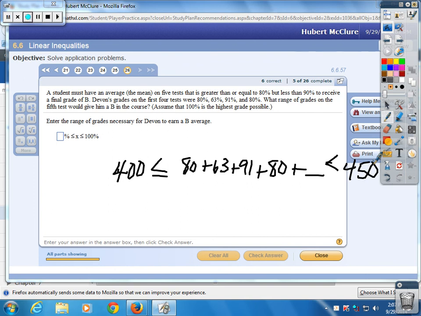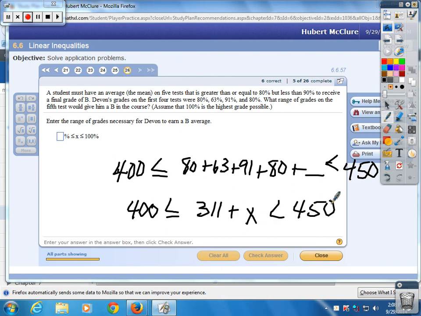So add all these up. 80 and 80 is 160. 160 and 100 would be 260 minus 9 would be 251, right? 251, that'd be 311. Somebody help me out. 400 less than 311 plus x is less than 450.